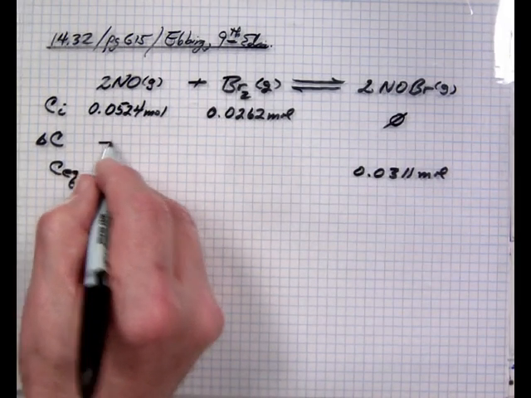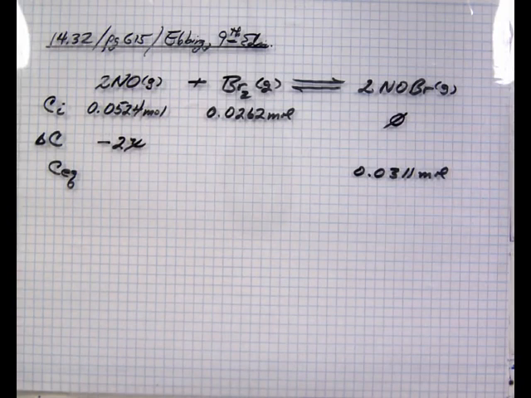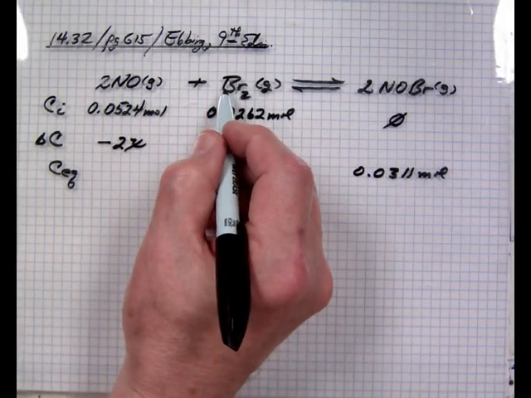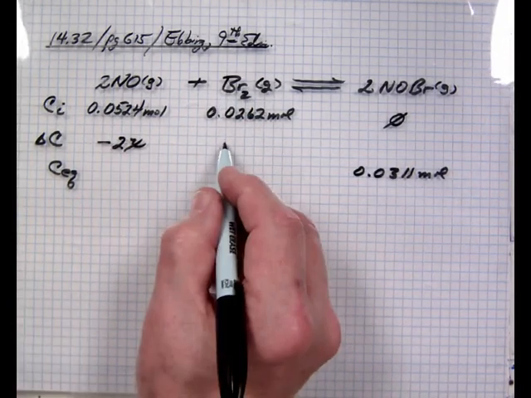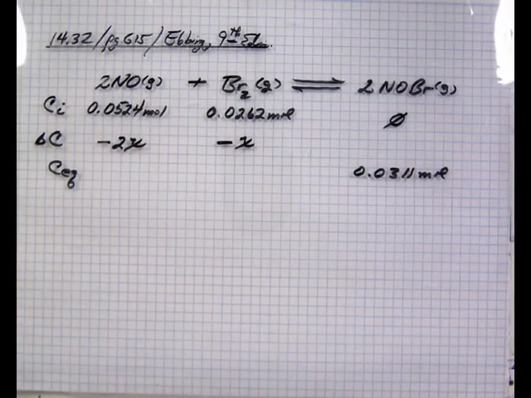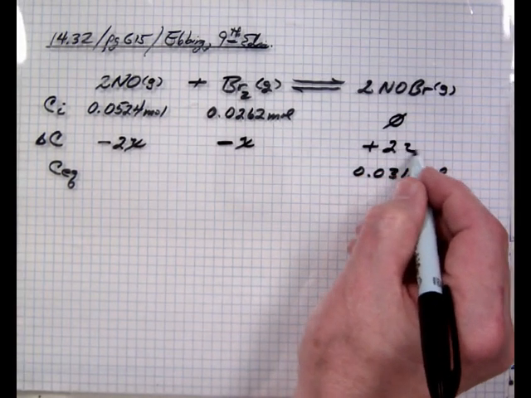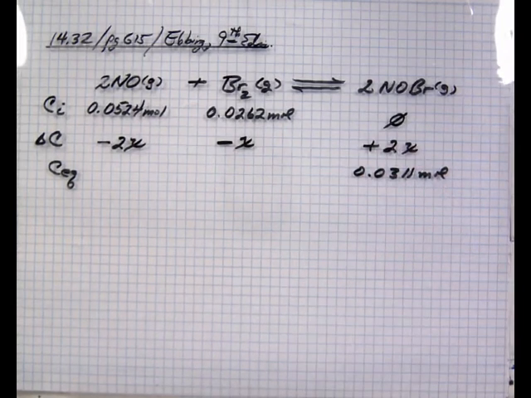So those are minus 2x. Notice how the 2 is used for the coefficient in that. We have an understood 1 here, so all we need in this row is simply an x. And the product side, of course, is going to grow with time, and so we enter that right there.